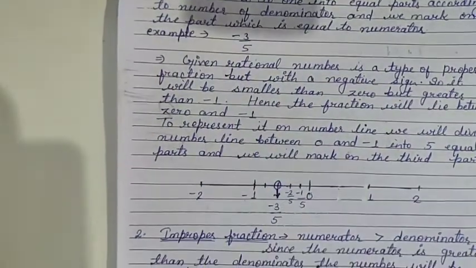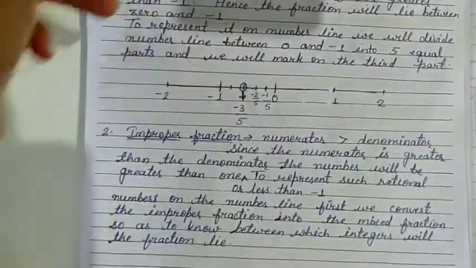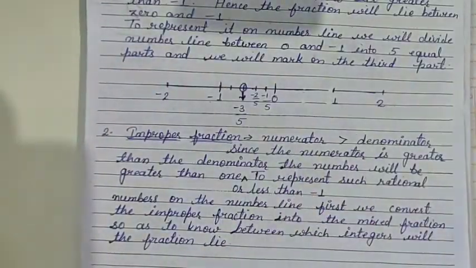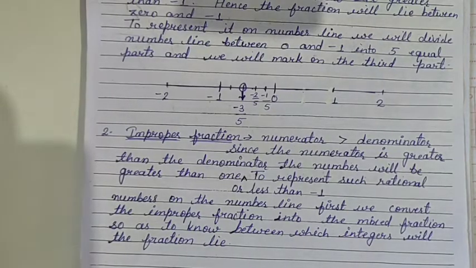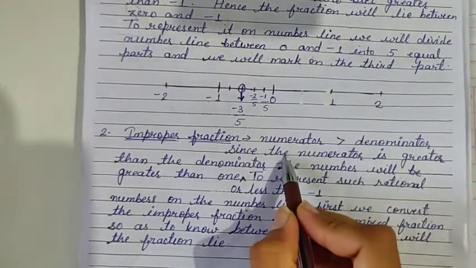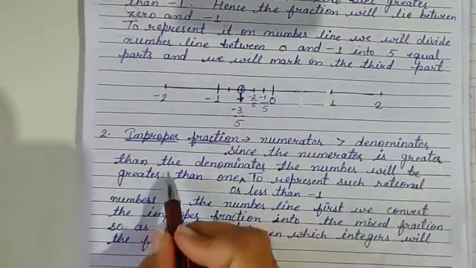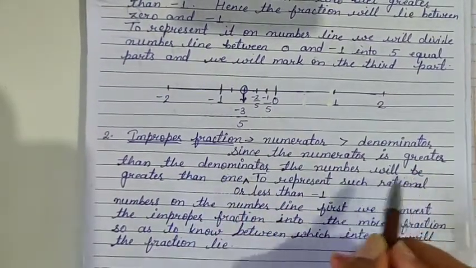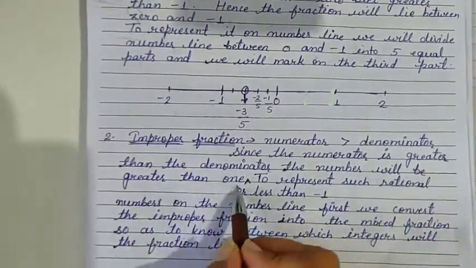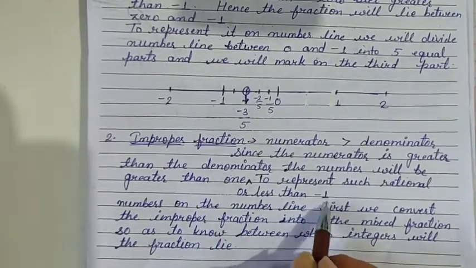Now, if the given rational number is an improper fraction, what is improper fraction? When numerator is greater than denominator, then the fraction is called improper fraction. Since numerator is greater than the denominator, the number will be greater than 1 or less than -1.